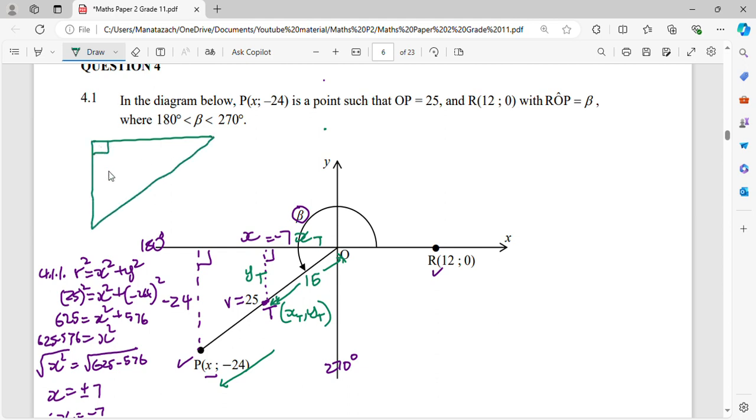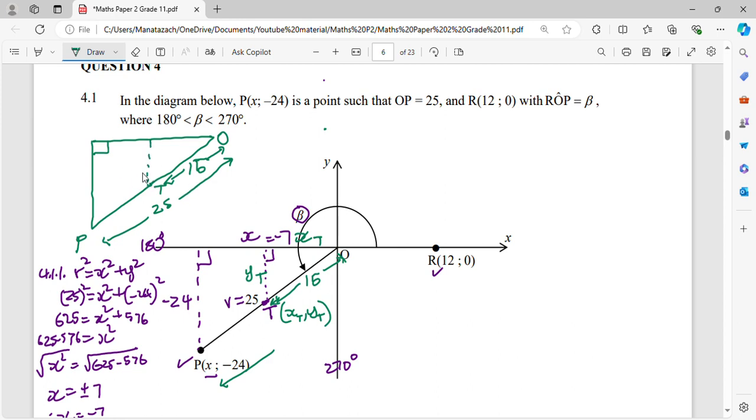This is the big triangle, this is point P, and this is point O, and this is point T. Now OT is 15, and then this entire distance is 25. So this is 15, and the other one is 25.